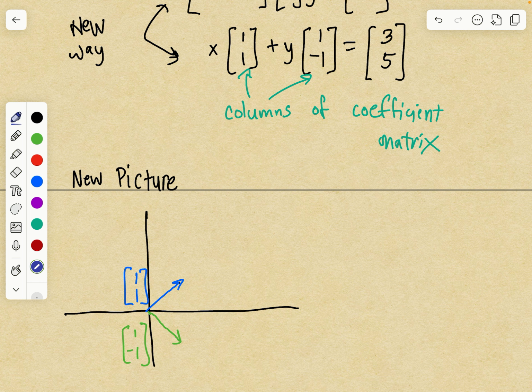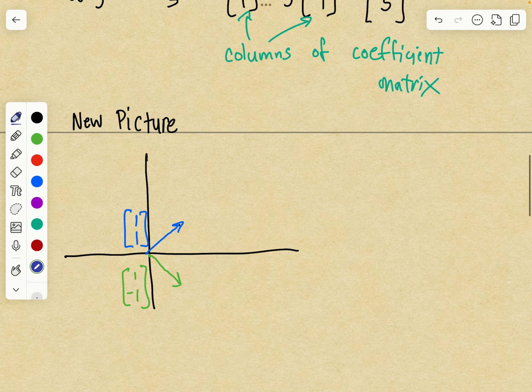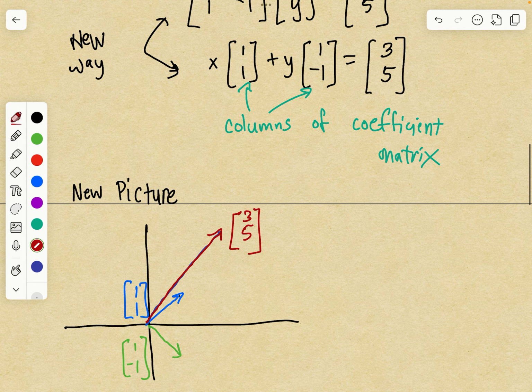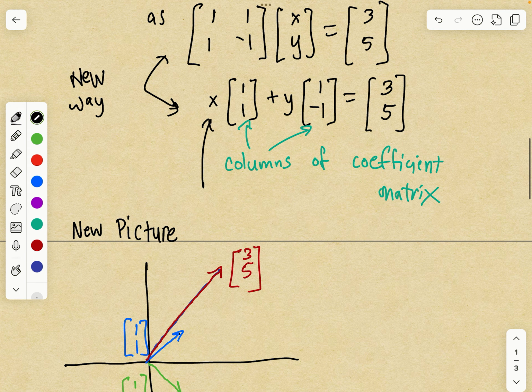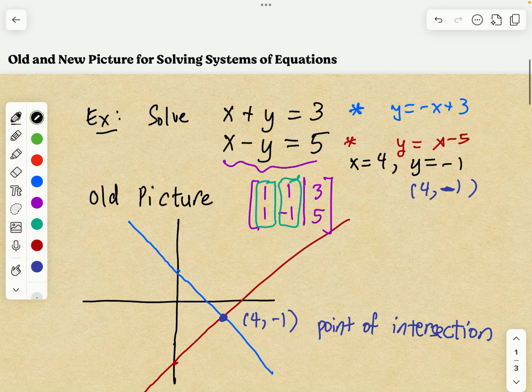So what we're trying to produce is the vector (3, 5), which is maybe here, in a different color, like that. And the answer was x is 4, y is -1.